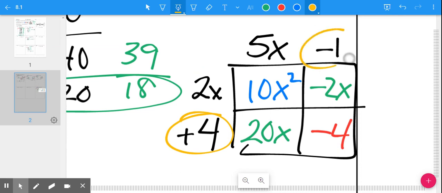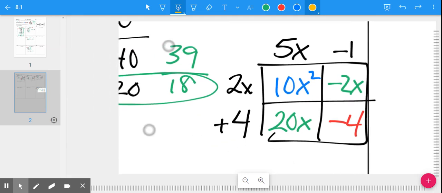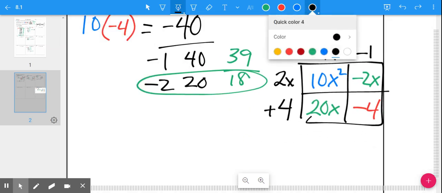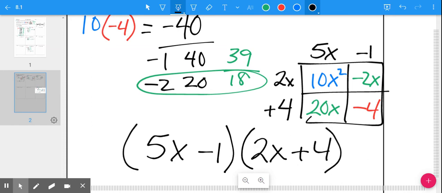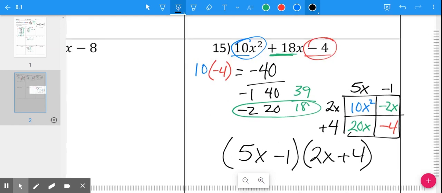And then 4 times negative 1 makes negative 4. So everything works out. Always double check yourselves. So then we have 5x minus 1 at the top and 2x plus 4 down the left side. Those are your two binomials that when multiplied equal the expression given to us.